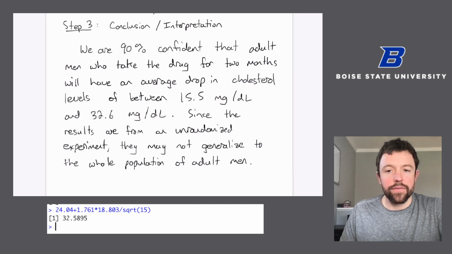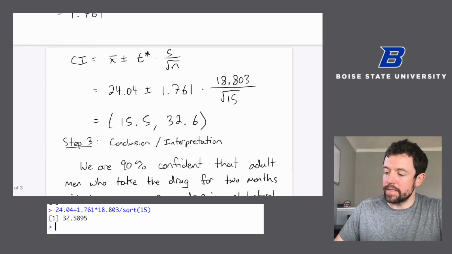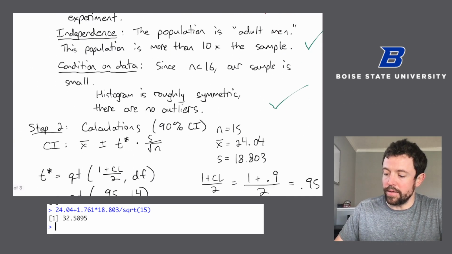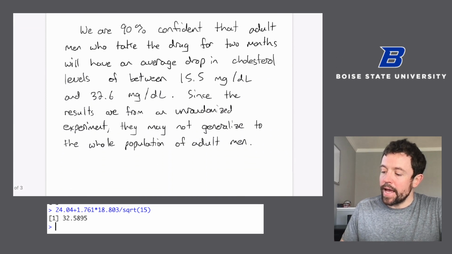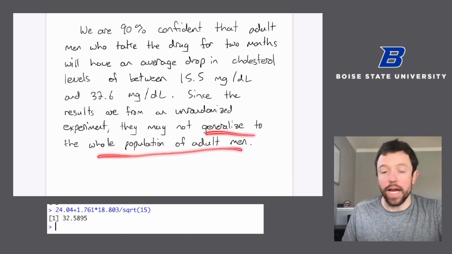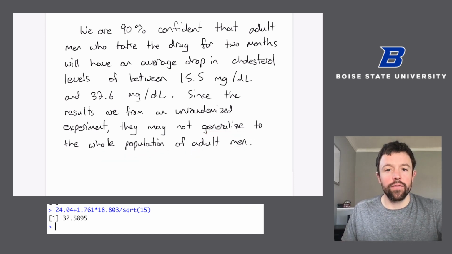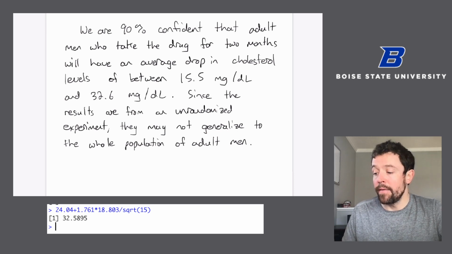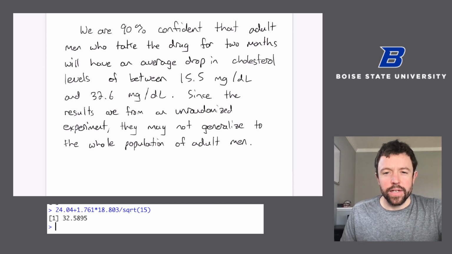And then finally, we have to address the fact that we didn't satisfy all of our conditions. We have an unrandomized experiment. And when you don't have randomization satisfied, your big concern is that your results may not generalize to the entire population, right? If you had a non-random sample in an observational study, or when you have an unrandomized experiment, you do have to wonder this. As I said earlier, in this case, you can kind of see why.